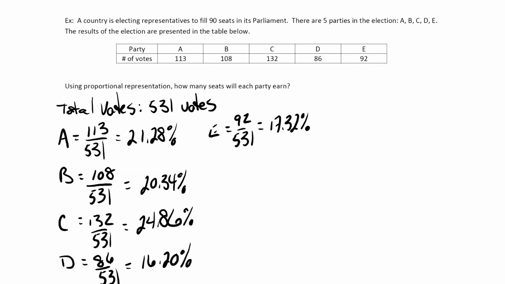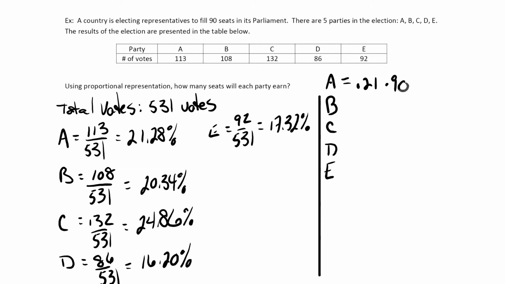Now the next step is to multiply each of those percentages by the total number of seats. So for Party A, they got 0.21 times 90 seats, which is equal to 18.9 seats. Party B was 0.20 times the 90 seats is equal to 18.0.